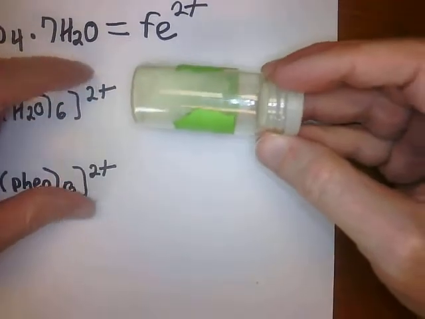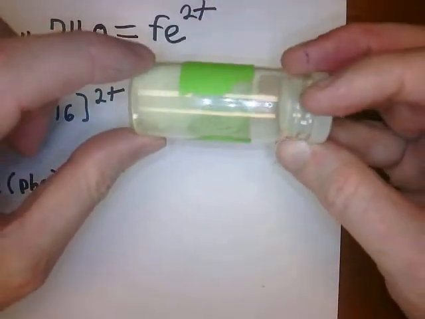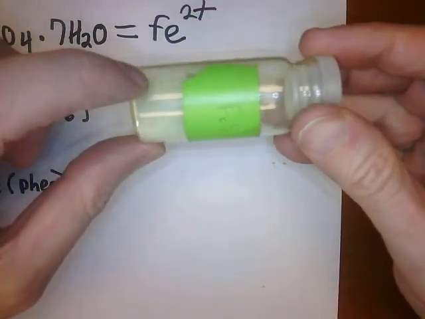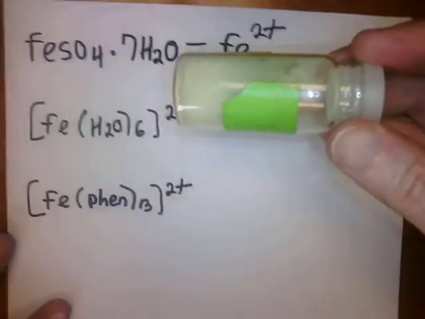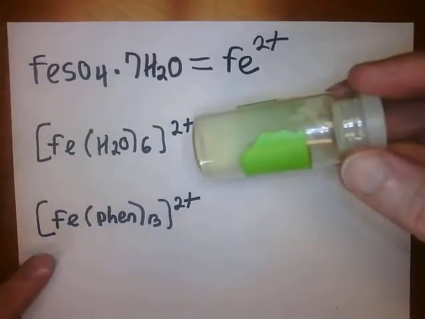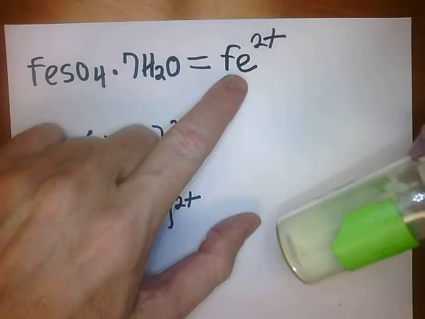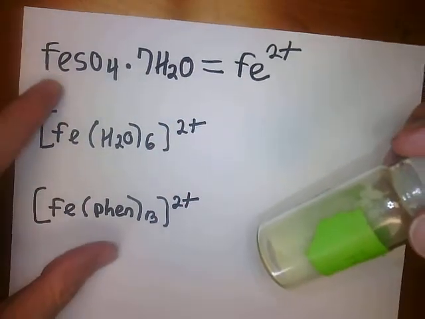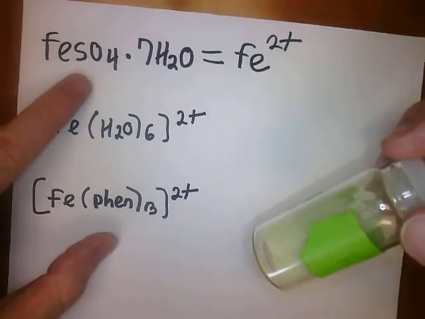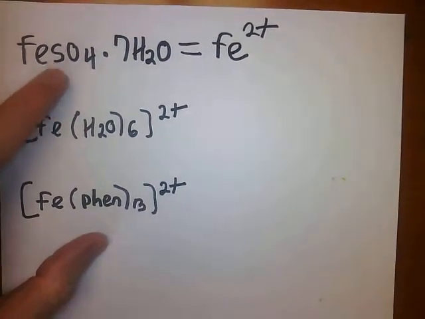I don't know how well this shows up in the photo, but you can see the color is very pale. It's almost kind of a sea green color. But anyway, our source of the iron 2 ion is ferrous sulfate heptahydrate.